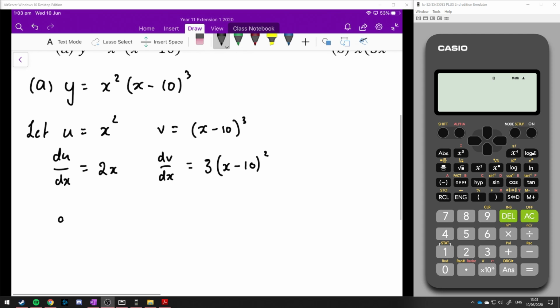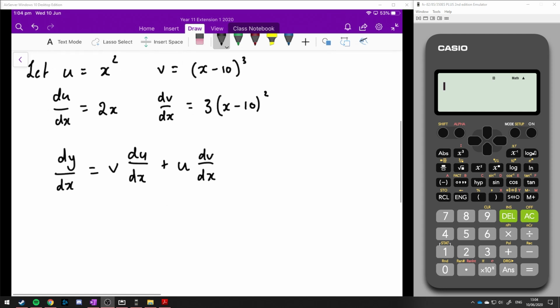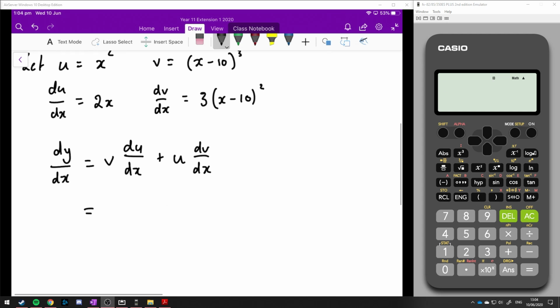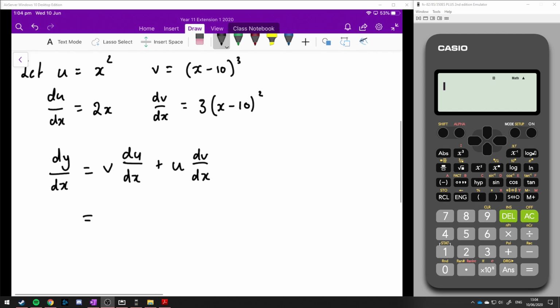So now the derivative, dy dx, is equal to v, lots of du dx, plus u, lots of dv dx, okay? So basically what we're going to do is take what our initial v function was, and multiply it by du dx. So du dx is 2x, and our v is x minus 10 all cubed.